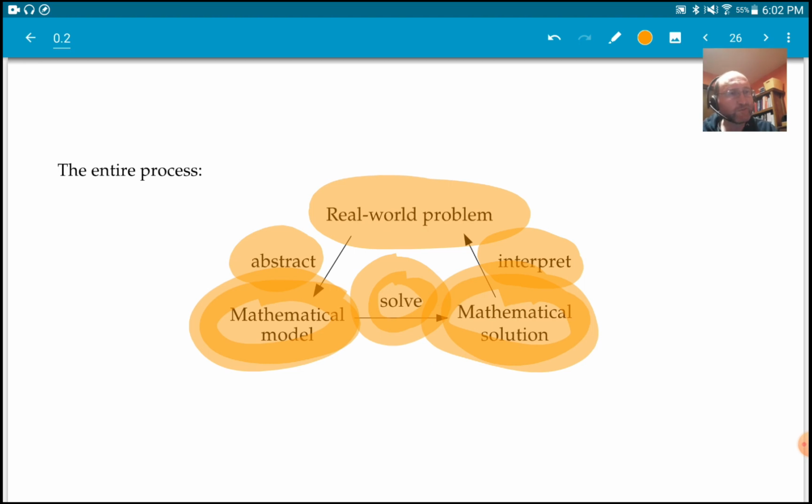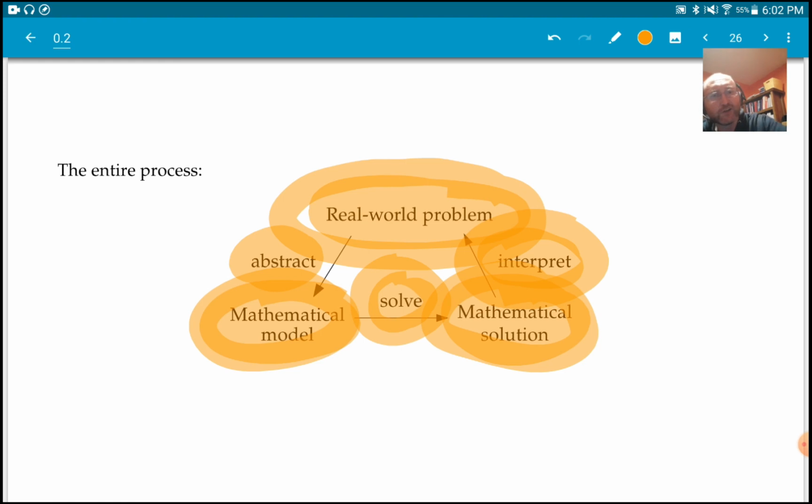How far away from the real value are you, and stuff like that. So there's still something left. But sometimes there's a lot more left in the interpret step. Once you have the solution, what does it tell you about how to actually build the rocket? You have this solution coming out of this procedure. What does it tell you?